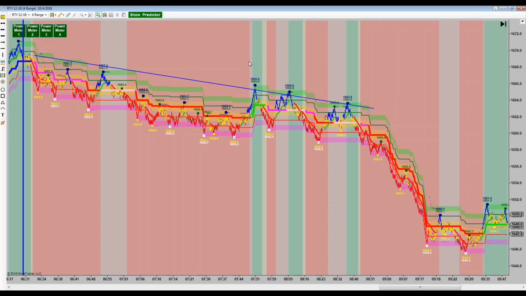Now, when the background colors take on a striped shirt effect, like right through here, this means that you're in a range. Don't take this as conflicting signals, like, oh, you're telling me that I should be buying when this goes green and then selling when it goes red. No, that's not true. We all know that, right? You trade in the predominant direction of the trend.